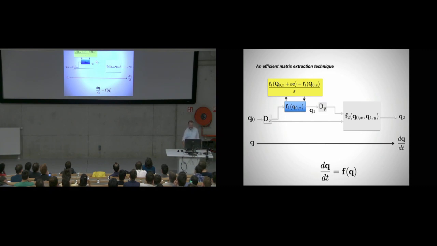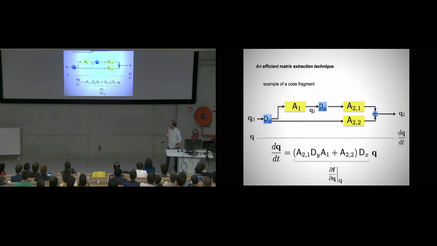I can basically replace all the nonlinear parts by their finite difference equivalent, and then my whole block diagram looks like this. This was a nonlinear routine. By calling it twice, I linearize it. This is already linear. I linearize this one, and I linearize this one. So now if I patch it together like this, the A1 is here, then the DDY is here, the A21 is here, A22 is here, plus DDX of Q, then this linearized network is exactly the Jacobian.